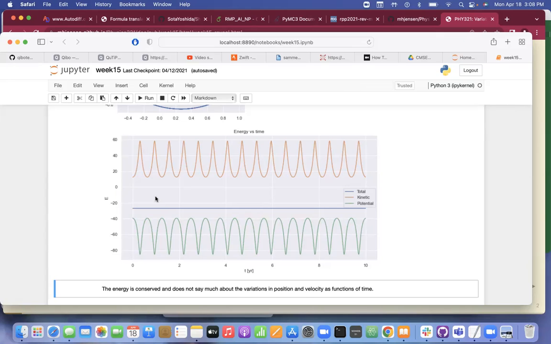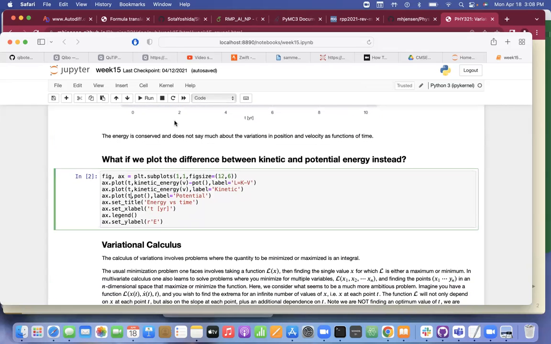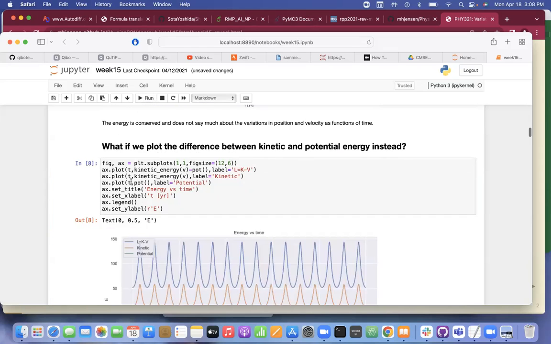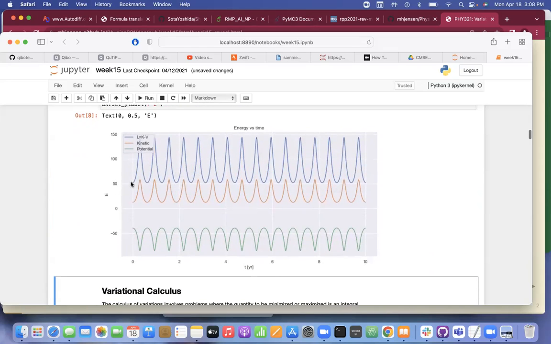So if we wanted to look at the fluctuations in velocities and positions and try to optimize an integral in terms of these quantities, we wouldn't be able to extract much. If I, on the other hand, calculate the difference between kinetic energy and potential energy, you will see that the blue curve here shows us the variation in velocity and in position.